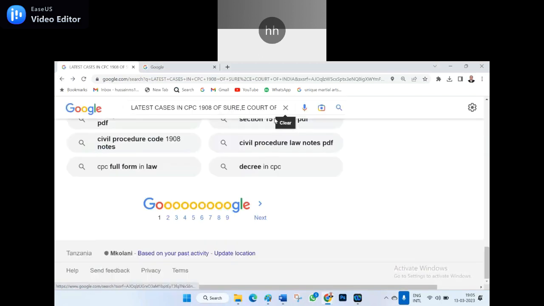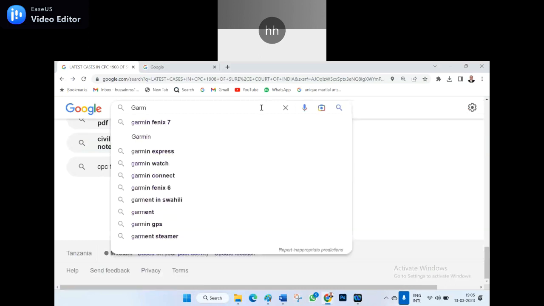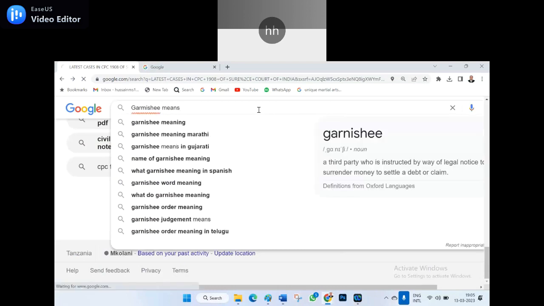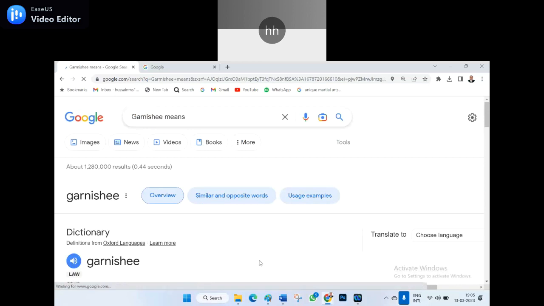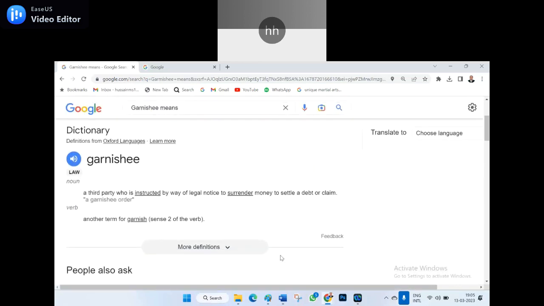I will show you here so that you should not forget it. Garnishee. Okay, even though I committed a mistake, doesn't matter. Garnishee means, read. Read, what is meant by garnishee?